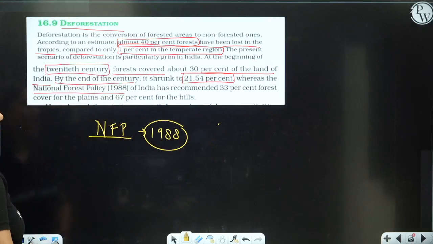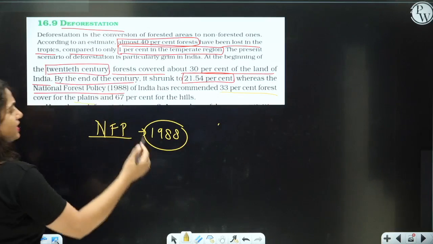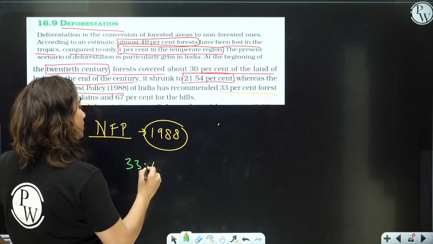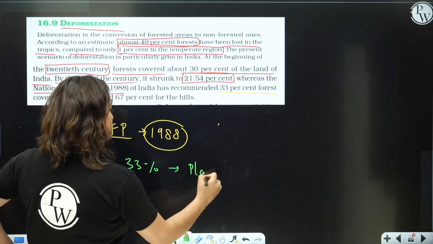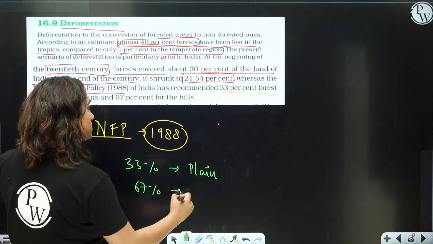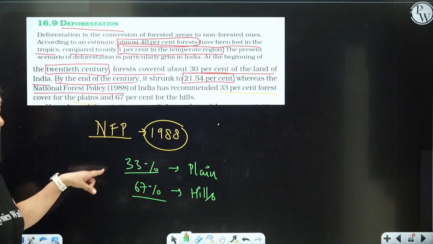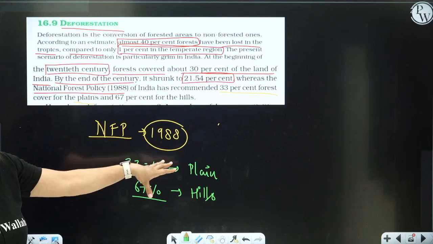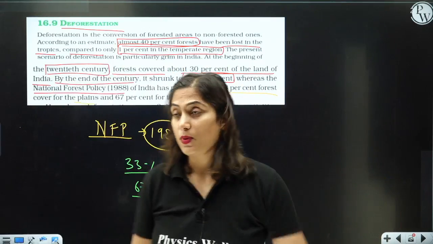It says that there should be 33% forest area in the plain areas and 67% forest cover in the hills. So remember this, 33% in plains, 67% in hills according to the National Forest Policy which came in the year 1988. The data in this paragraph is important.